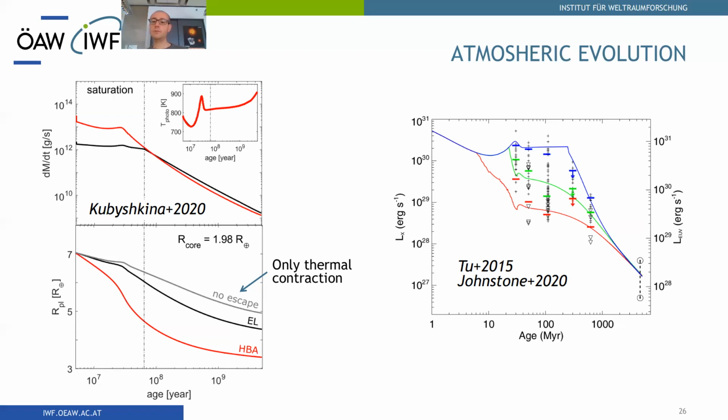And if one has an old star that is older than 1 gigayear, it is not possible to reconstruct back in time how the star was rotating in the past, and therefore how strong the XUV emission was in the past.